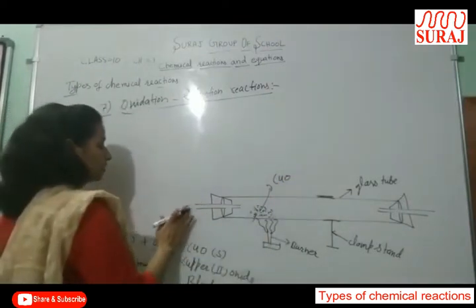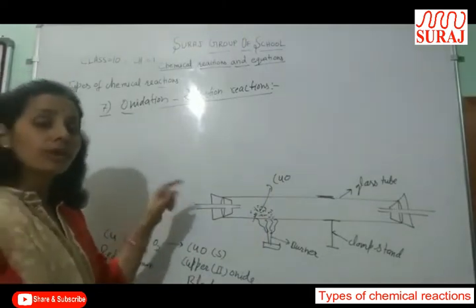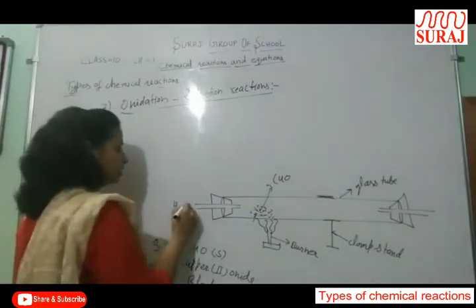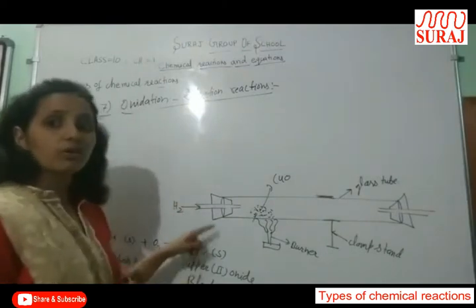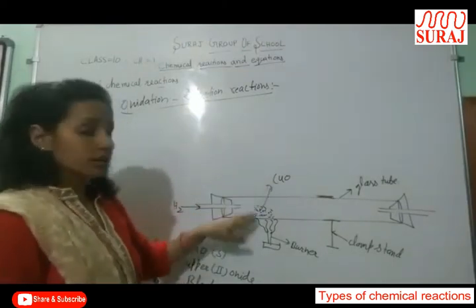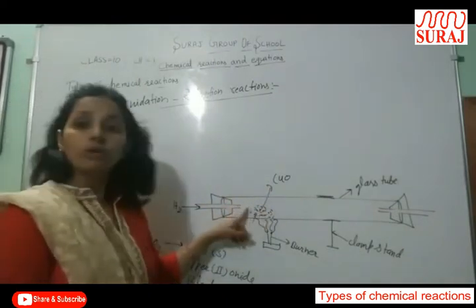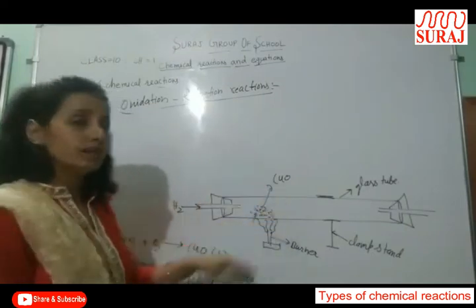Now we supply hydrogen gas in place of air on this heated copper oxide and start heating it. After some time, this copper oxide breaks down.